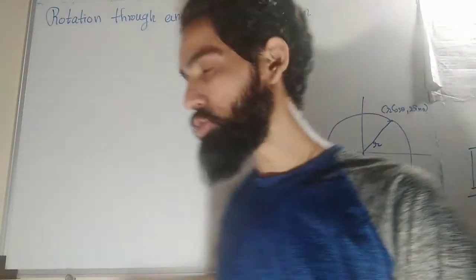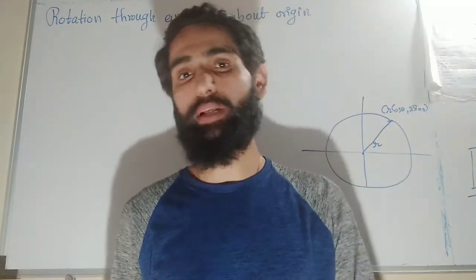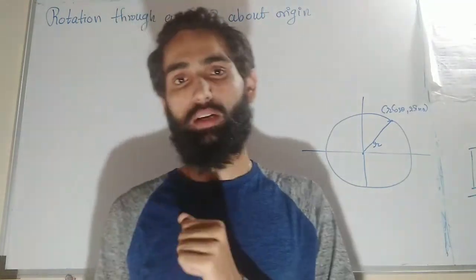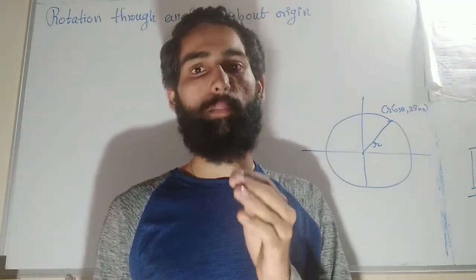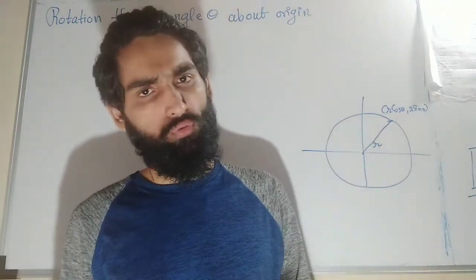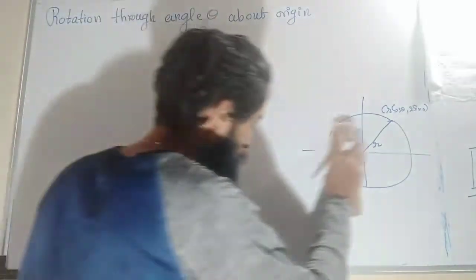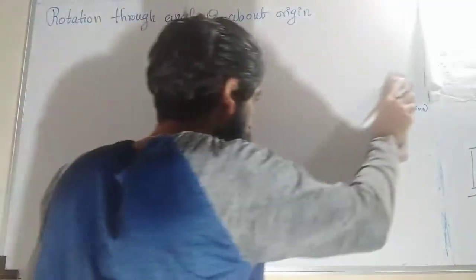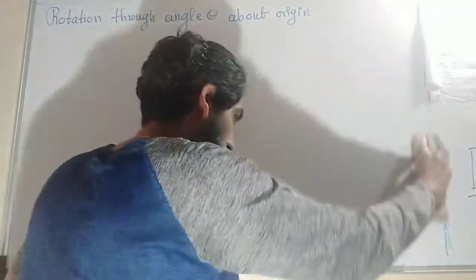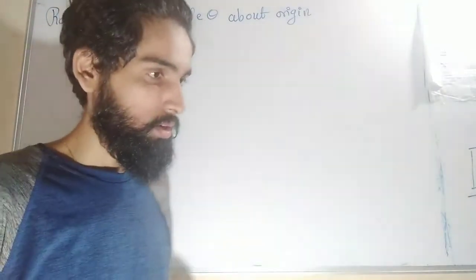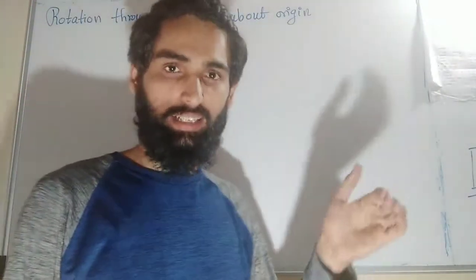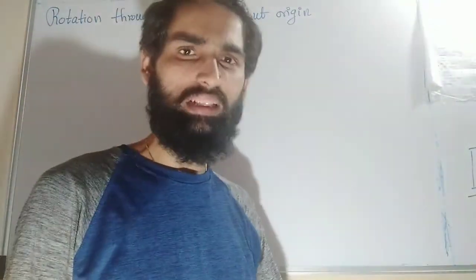So our aim is to find the matrix representation of a rotation through an angle theta about origin. First we will go for an anti-clockwise direction. To explain it easily using a diagram, I am assuming that my theta is some acute angle. Students can extend this idea to any angle theta.